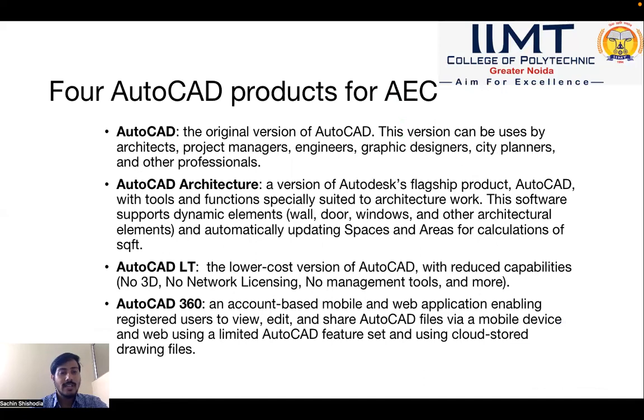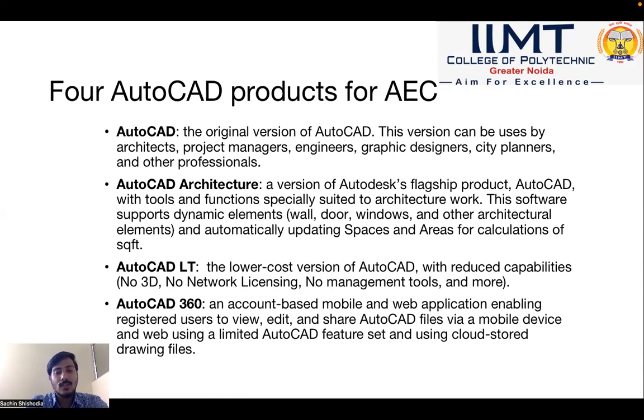Now, coming to the next slide, here we have 4 AutoCAD products for AEC. First one is AutoCAD, the original version of AutoCAD. This version can be used by architects, project managers, engineers, city planners, graphic designers, and other professionals. The second one is AutoCAD Architecture.